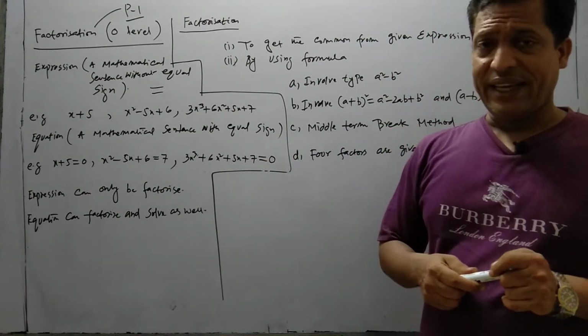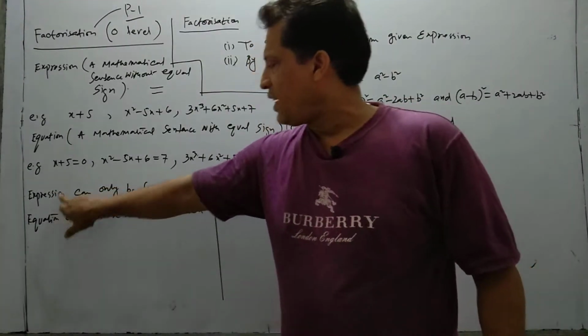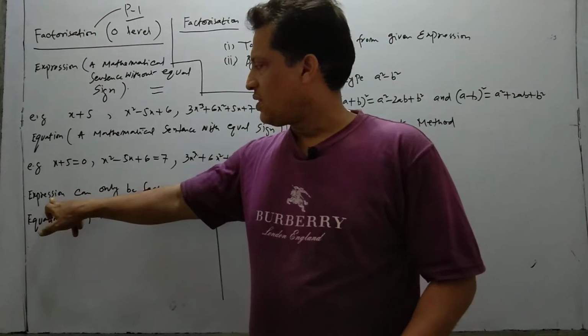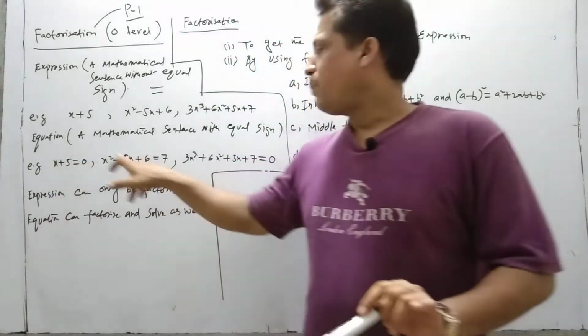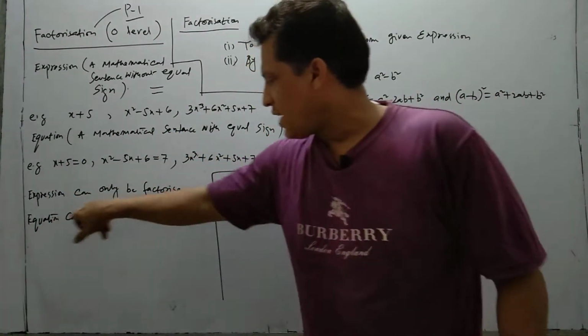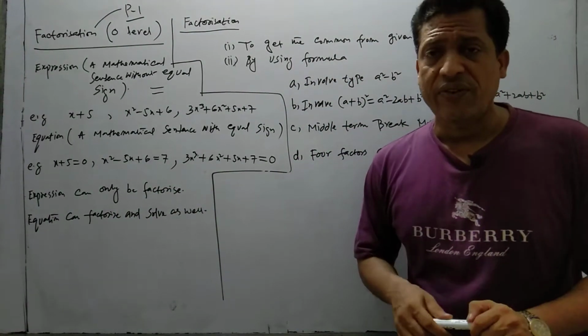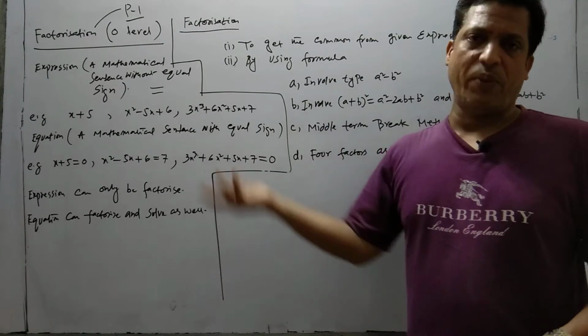The second important thing is, an expression can only be factorized. You can factorize an expression but not solve it. An equation can be factorized and solved as well. What is the meaning of solve? I will tell you after the topic of factorization.